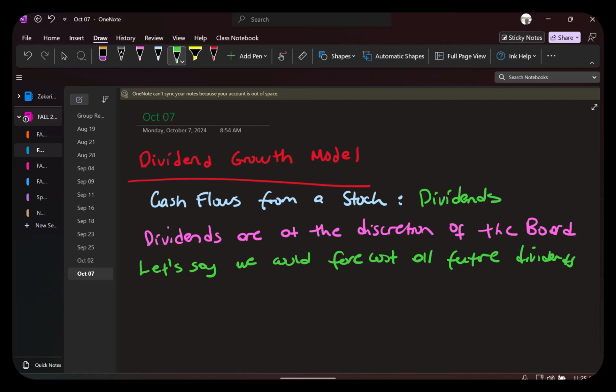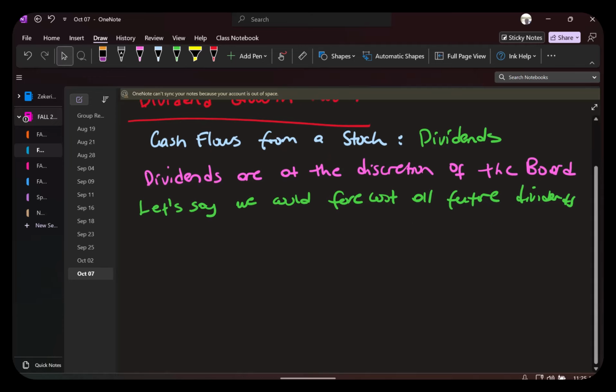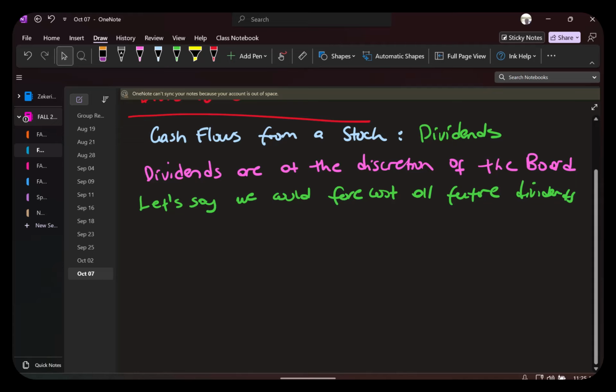If the company dies or ends its existence, obviously after that you get zero dividends. So you need to figure out a value for that. But let's start things off. Eventually, we're going to say the value of a stock is equal to the present value of all future dividends. But let's see how we come to that.